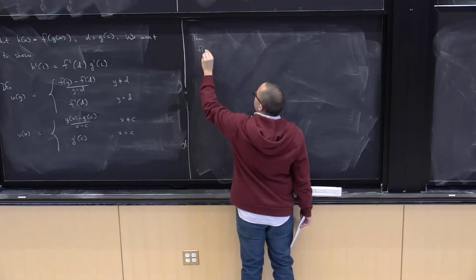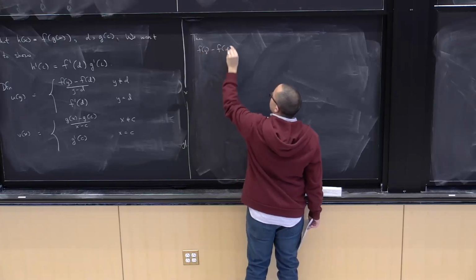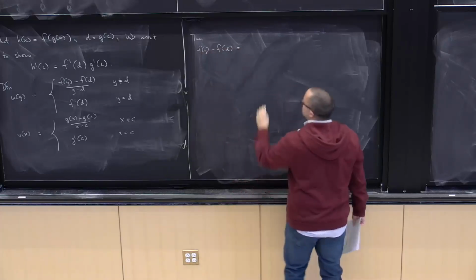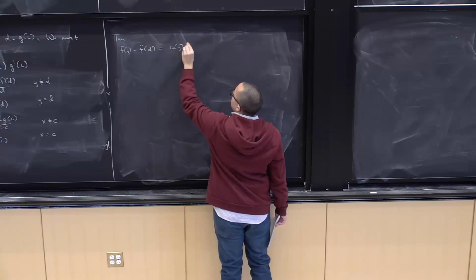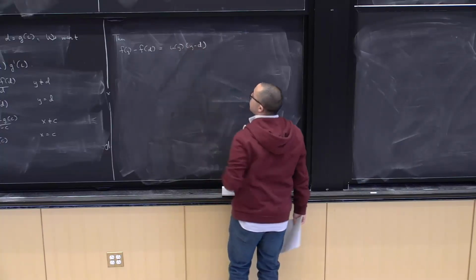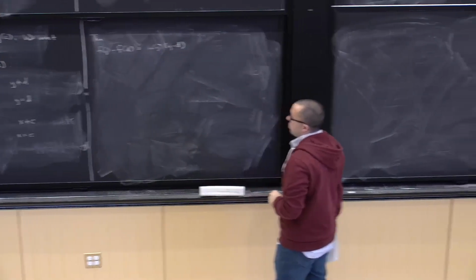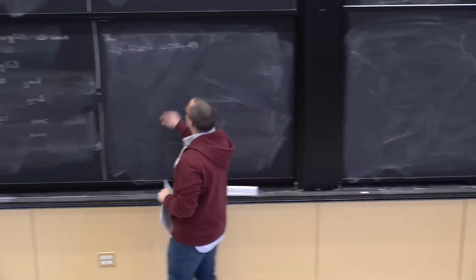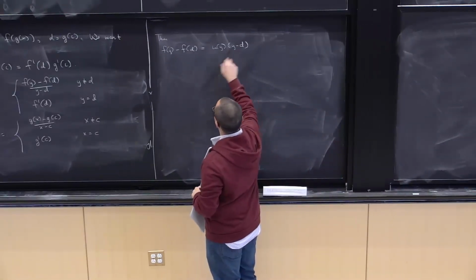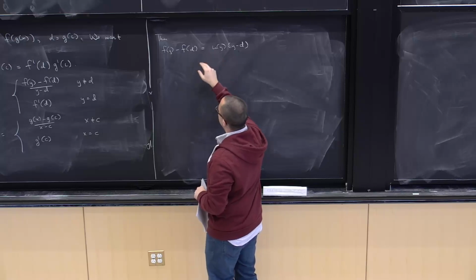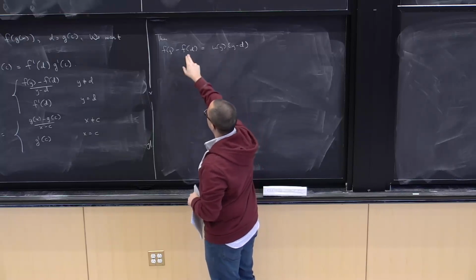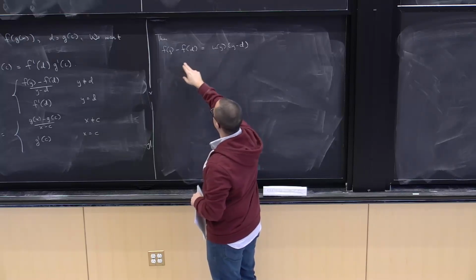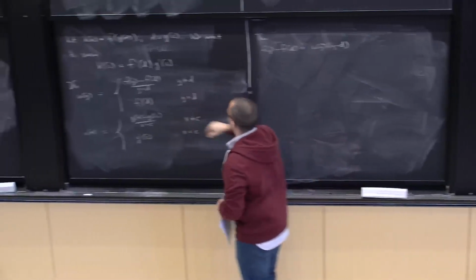Then if I look at f of y minus f of d, this is equal to u of y times y minus d, always, right? Because if y does not equal d, then I divide over and I get f of y minus f of d on the left-hand side over y minus d, and that's equal to u of y by definition.